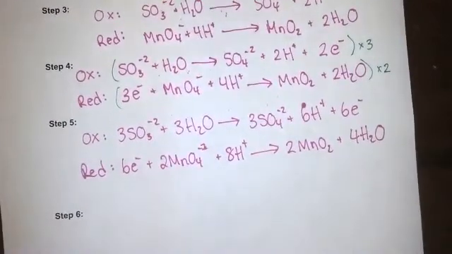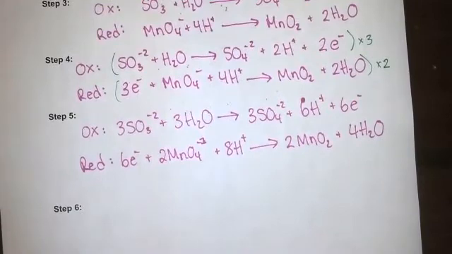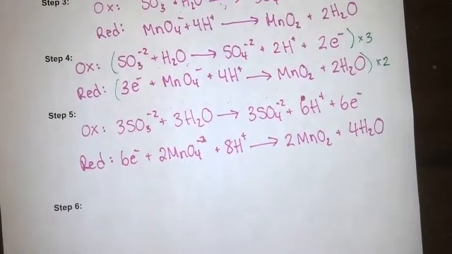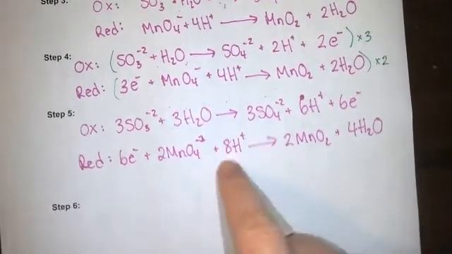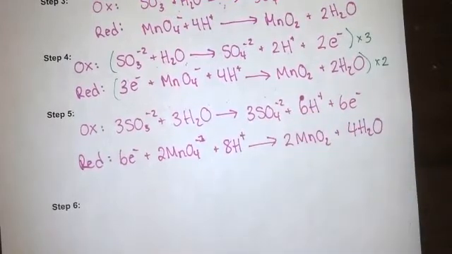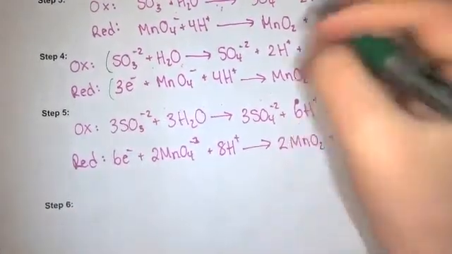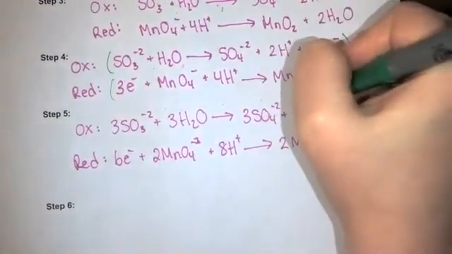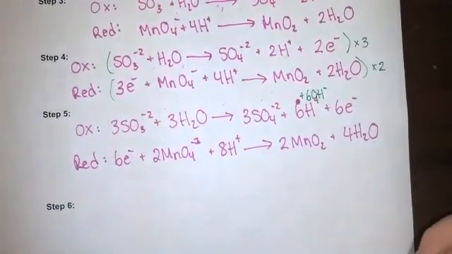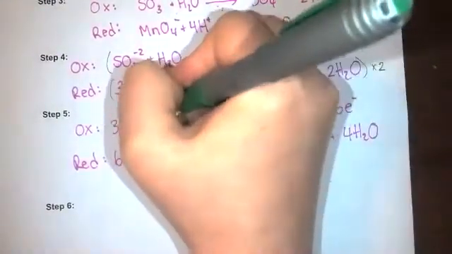Okay, now step 6 is when it's going to get different. For step 6, now I want to remove these hydrogens by adding hydroxide. And I'm still going to be doing these separate. So if I want to get rid of my 6 hydrogen ions here, let's add 6 hydroxides. But if I add it on this side, I'll be adding it on this side.